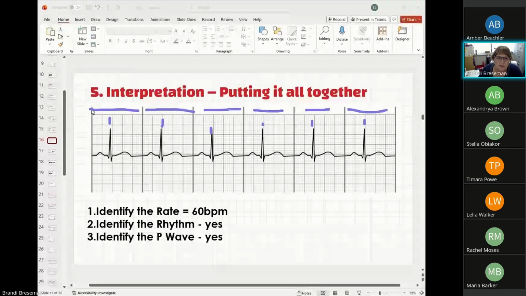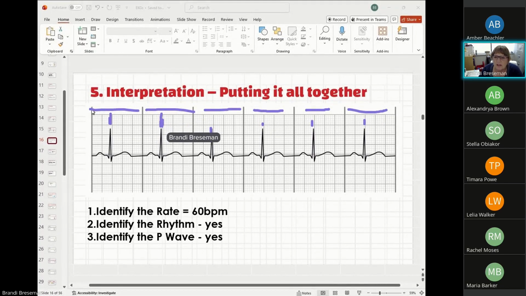Like if you look at where this is, it's at the very end of the second box, at the very end of the second box, at the very end of the set. You see what I'm saying? So there's other ways that you can look and see, but this one for sure looks regular. Anybody disagree with me? No. Okay. So our rhythm is regular.